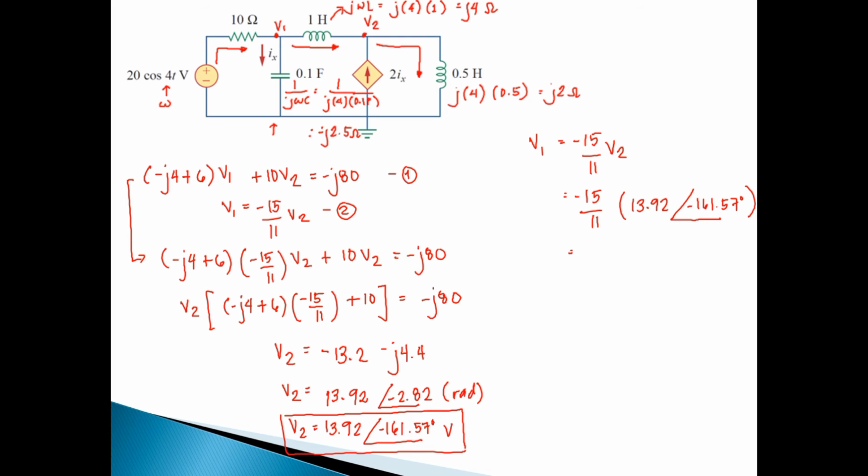So this will be equal to 18 plus j6, or in polar form we have 18.97 angle 18.43 degrees volts.